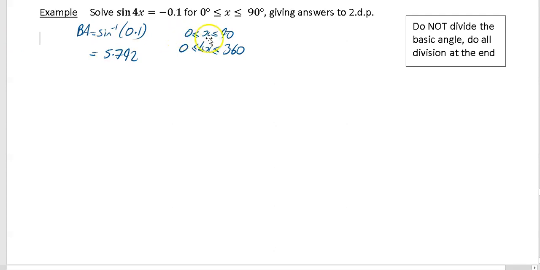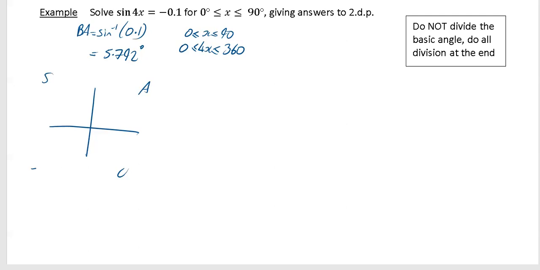So instead of us just looking for answers between 0 and 90, we have to look for answers between 0 and 360 degrees. So we're on to our cast diagram, C, A, S, and T. And again, I'll just mark on that 0, 90, 180, 270, and 360. And we have to look at this full turn.